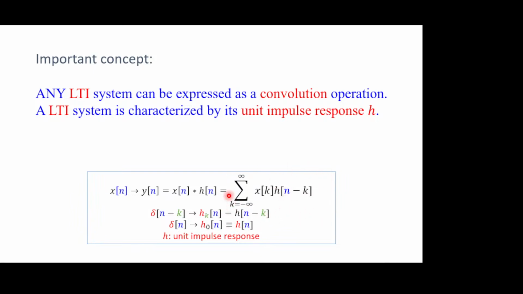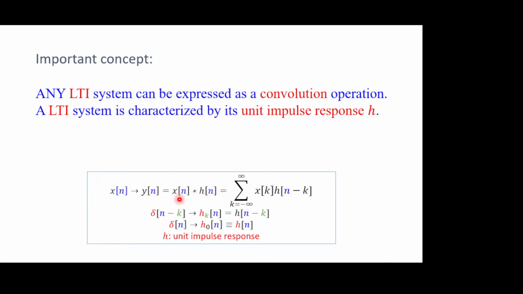We would also like to write this whole summation in a shorter way, and we call this a convolution. It's a way to compute one function from two functions. So we write it as x of n, this star, then h of n.